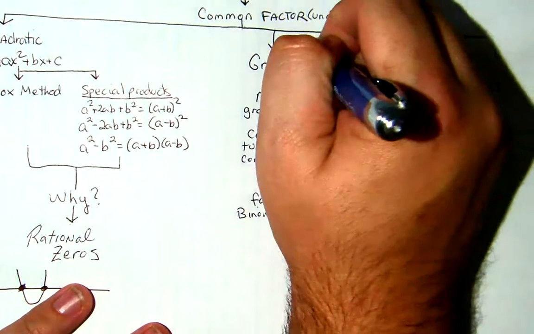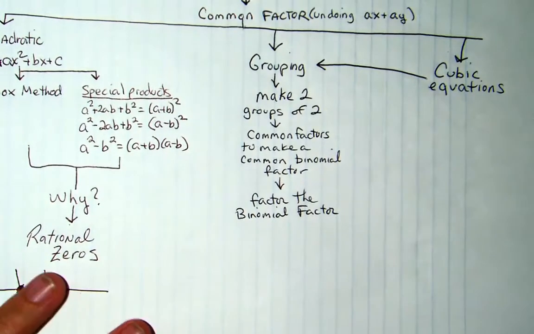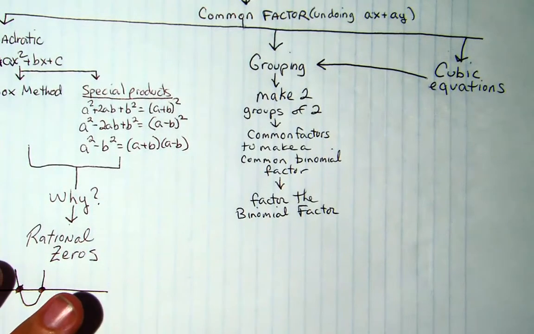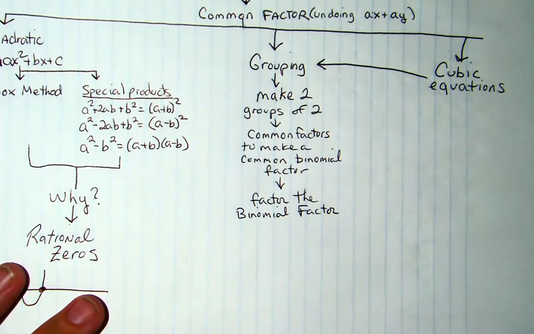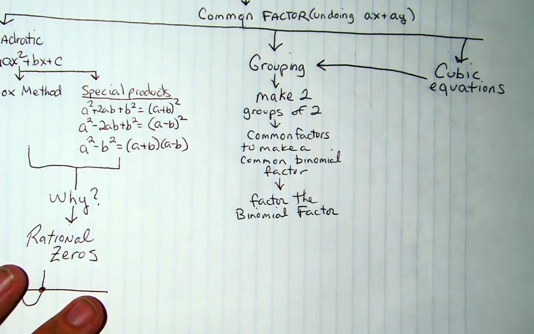Sometimes factoring a cubic is you're going to factor it by grouping. That's one way to think about it. But there are a couple special ones too. And I'm trying to get the formulas because I never remember these formulas.